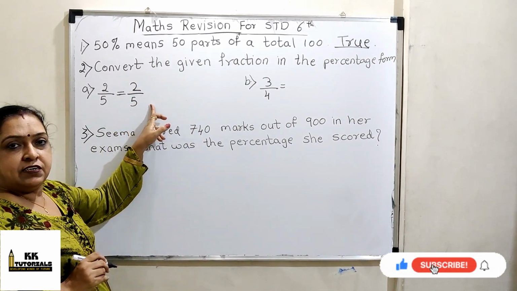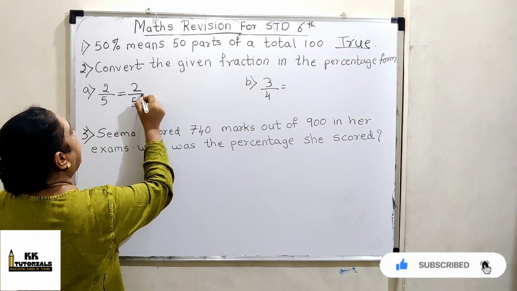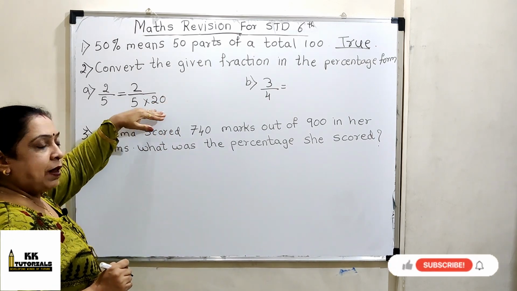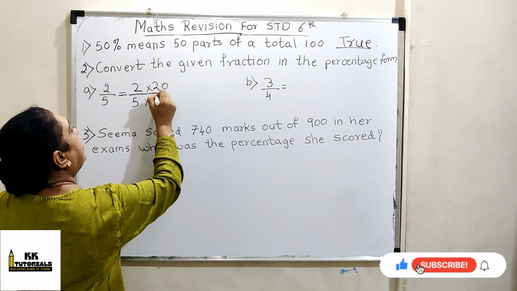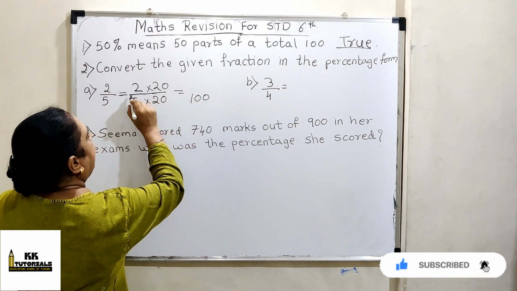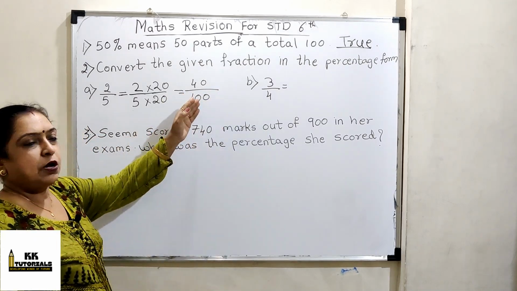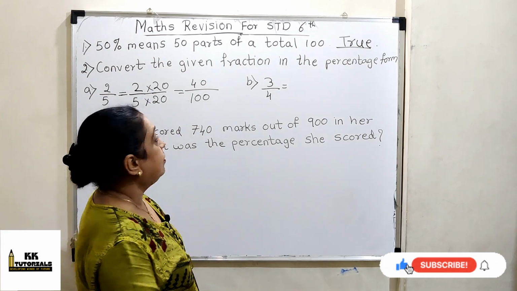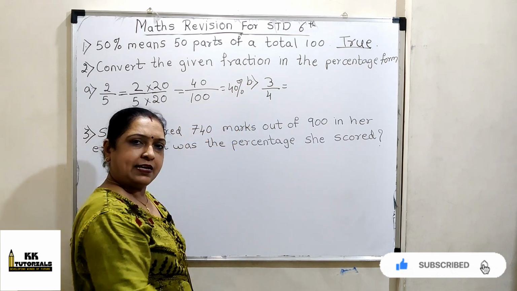What we will take over here? We should get 100. So we'll multiply by 20. In the numerator also we have to multiply by 20. Now 5 20s is 100 and 2 20s is 40. So 40/100. Understood? Now it's 40%. Okay, you can write in this manner.